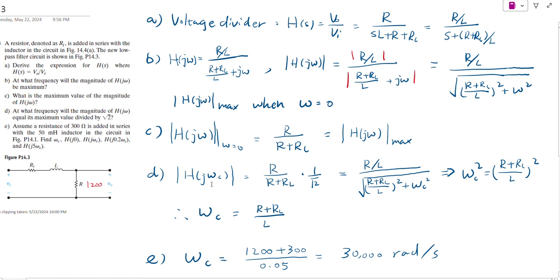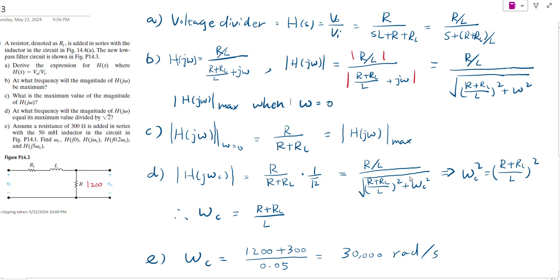So the question is actually asking us to find the expression for the cutoff frequency. First, we know the maximum magnitude, we just got it, is R over R plus RL, multiplied by 1 over root 2.